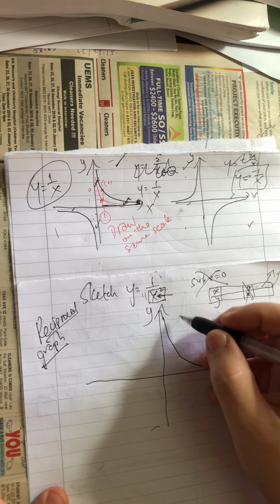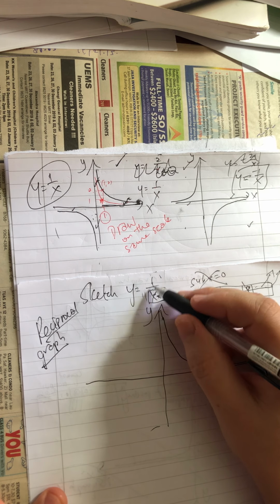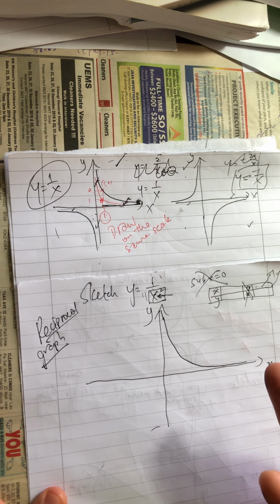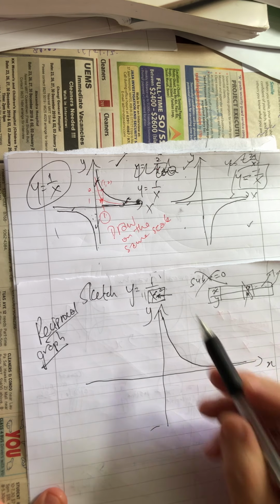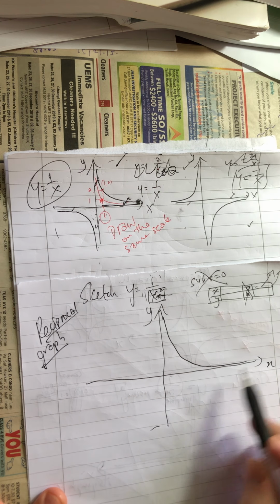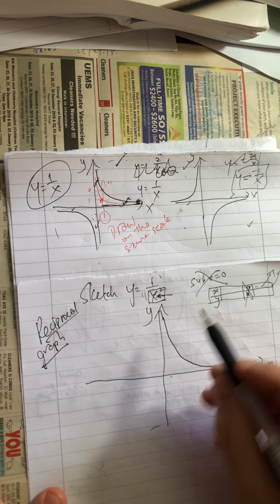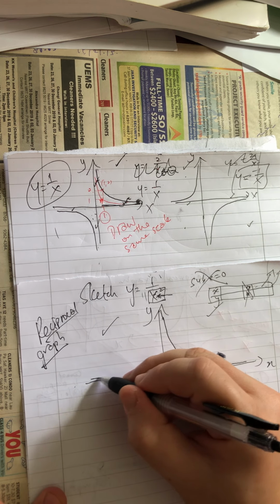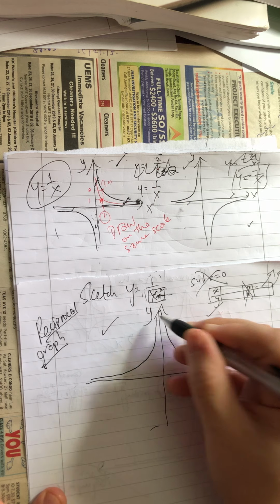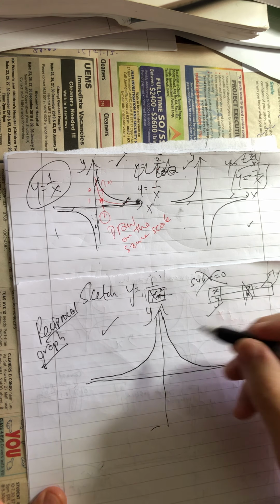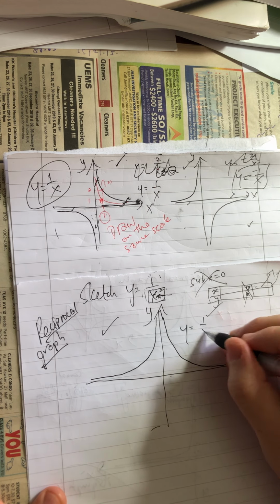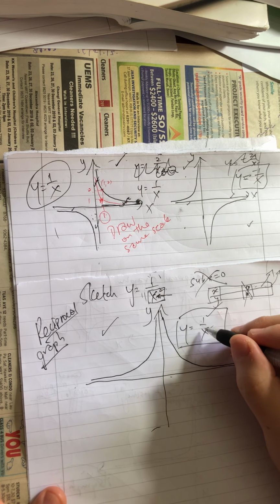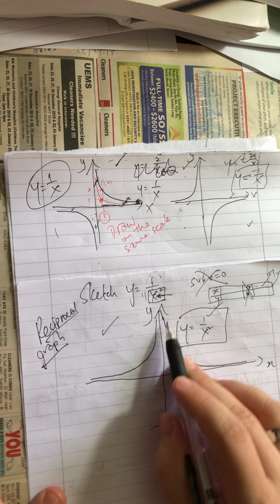Okay, now what if I have y equals 1 over x squared? Now the good thing is this, when you see x squared, whether x is positive or negative, the y value will be positive. So this is how the graph will look like. That's all. Meaning to say that if I ask you to sketch y equals 1 over x squared, this is how it looks.